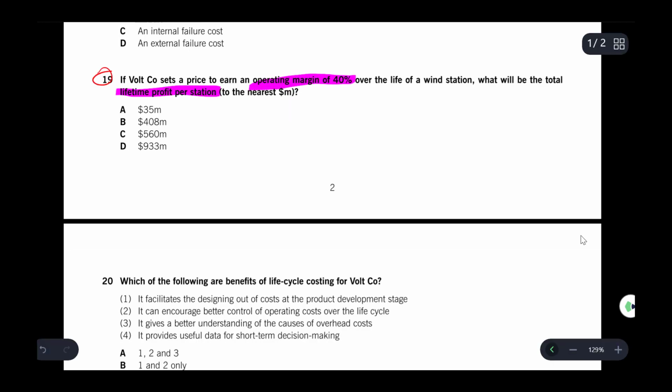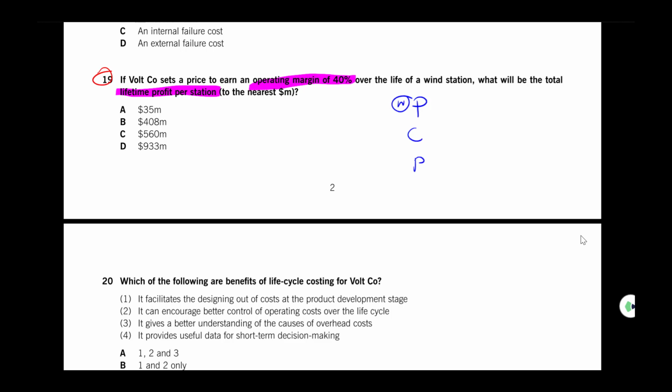The template we'll need to use to tackle question 19: we're going to need to get some selling price, and I'll just use the letter P to abbreviate price. And then from that we will subtract a cost, and that would be the lifetime profit per gigawatt. So in order to do that, we've got to do a little working on the side to get that selling price. And the question states they use a margin of 40%.